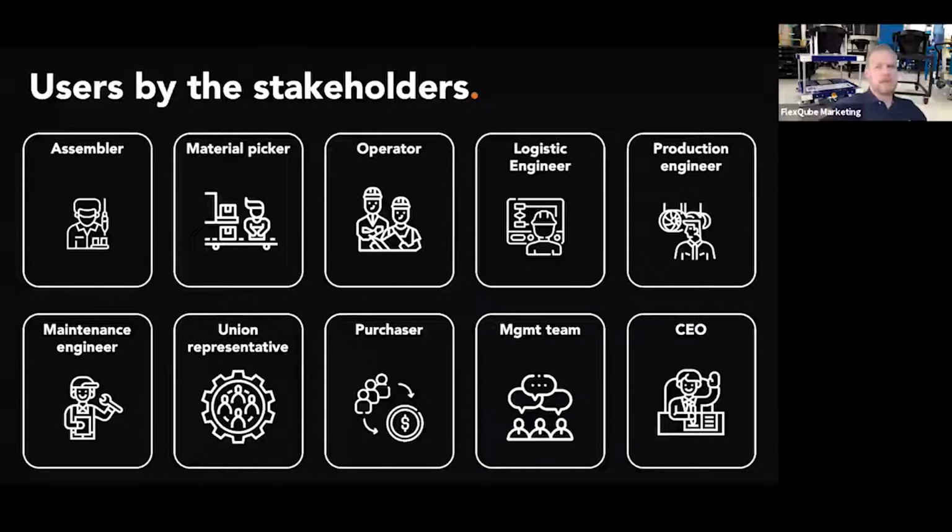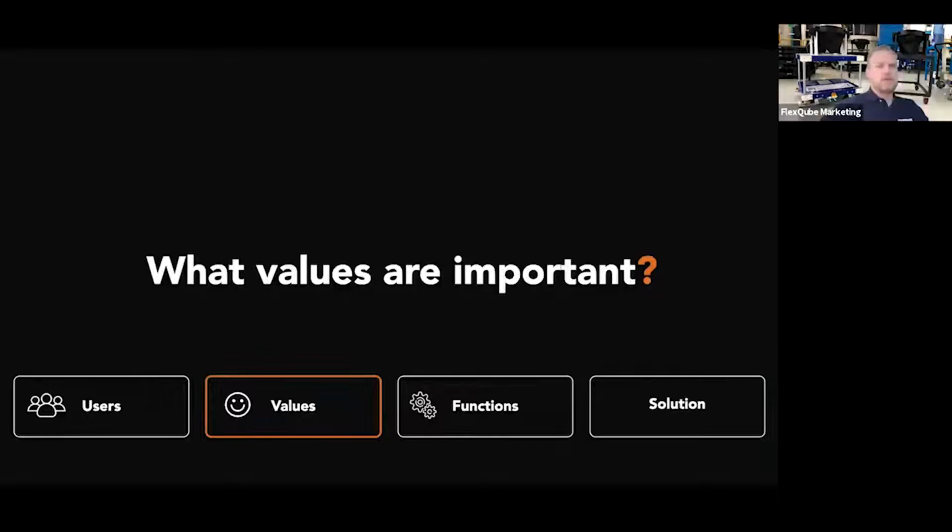The logistic engineer is doing all the planning of the flow and so on. So there are a lot of different stakeholders with direct or indirect contact with the actual solution. So we have a lot of users, and then the question is, okay, what values are important for those users?